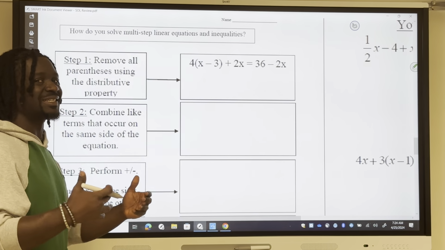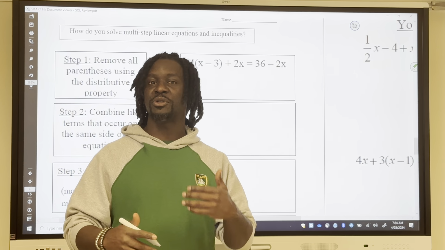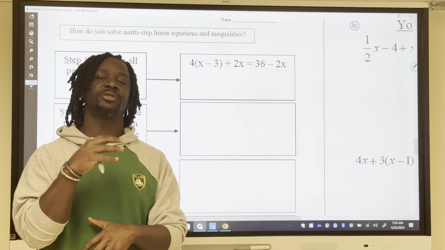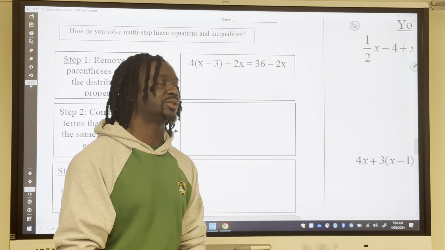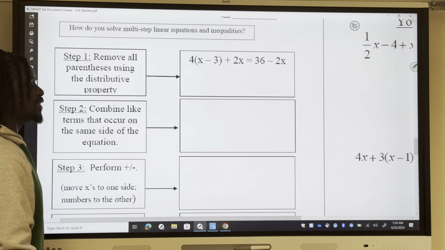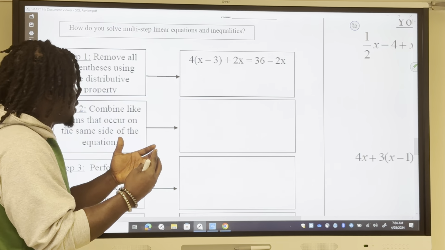So again, this is a multi-step equation. There are some steps, but the steps are the same: distributive property, combining like terms, and using the inverse operation to solve. Now let's look at some multi-step problems. These are just all of those steps that we just did.